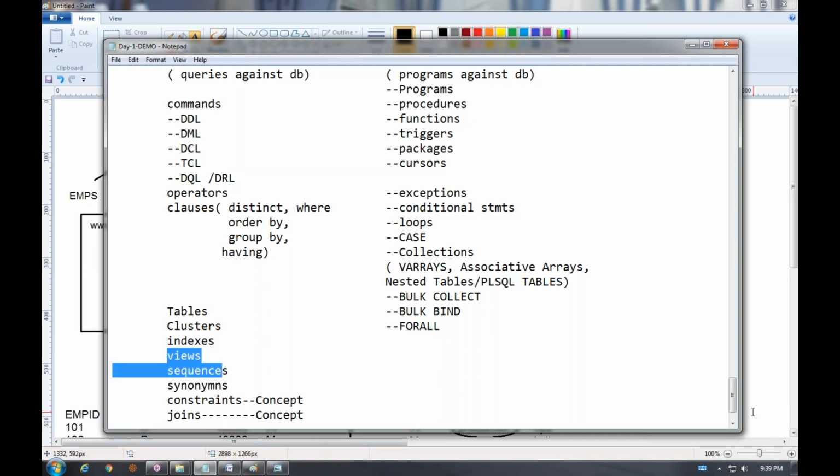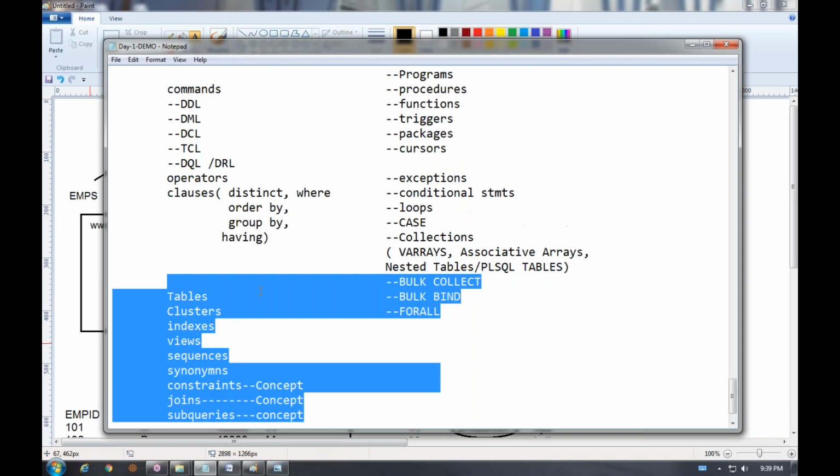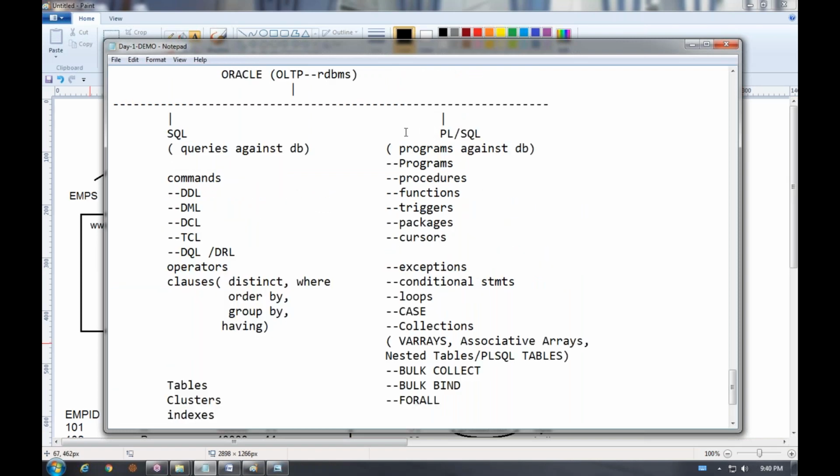All these concepts we will discuss under SQL. Once we finish the SQL part, we will discuss PL/SQL. In SQL, we are writing statements called queries. In PL/SQL, we are writing programs.